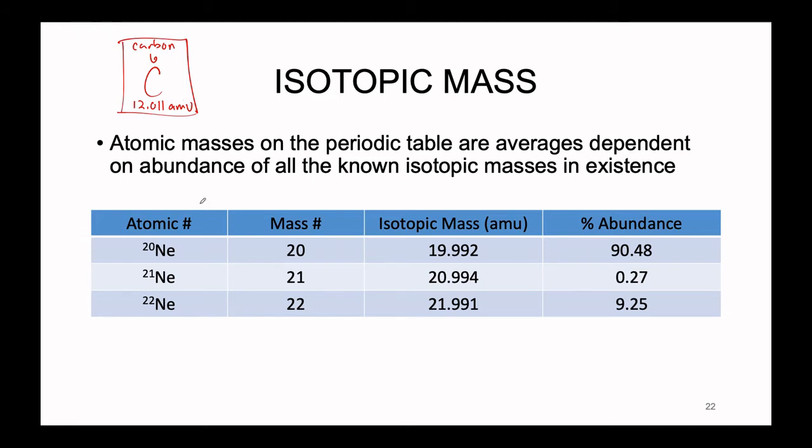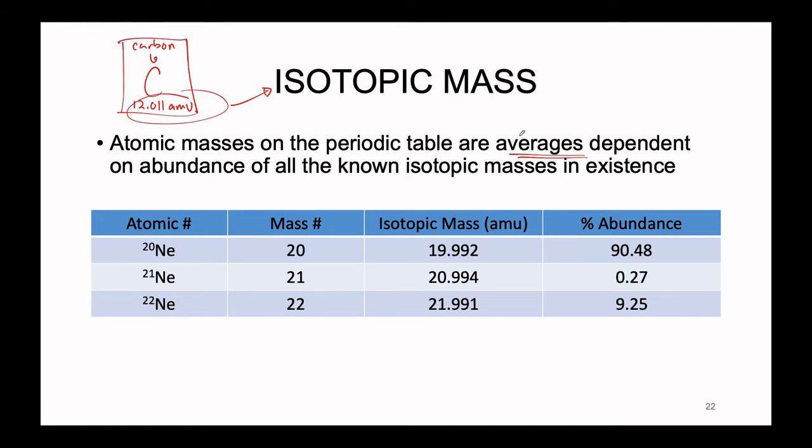Well, how does this mass connect to the isotopic masses for each of the individual isotopes? Well, the relationship is that all of the isotopic masses average together to give us the mass that is present on the periodic table. So we have to take the average of each of the isotopic masses to give us what the general representation of the average mass of a neon atom is going to be.